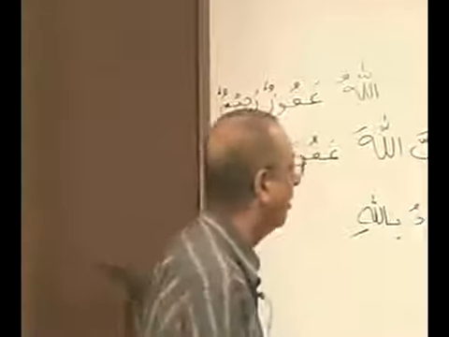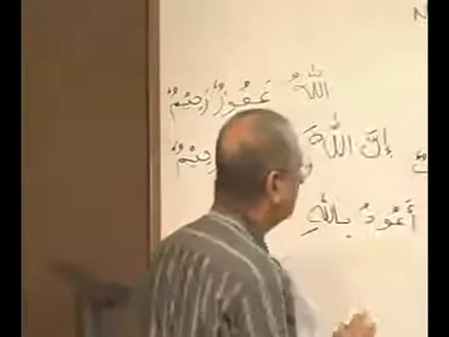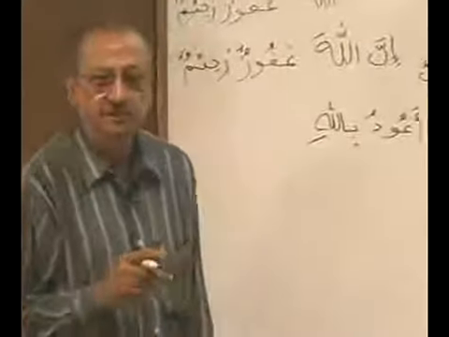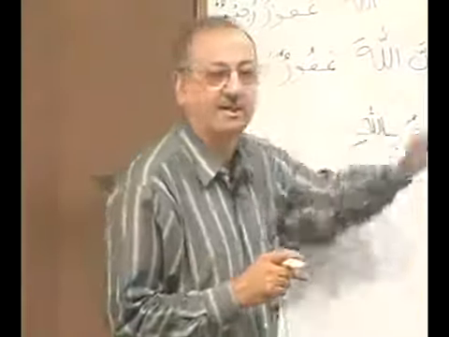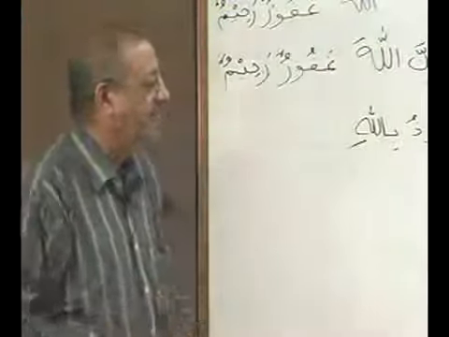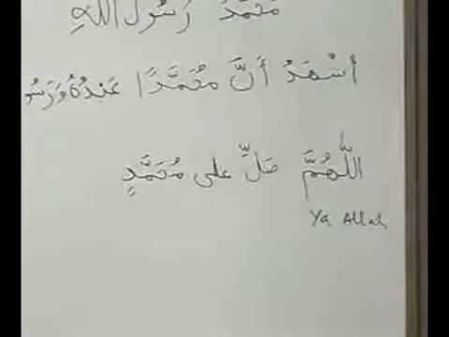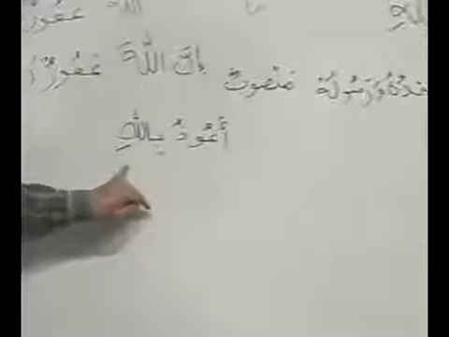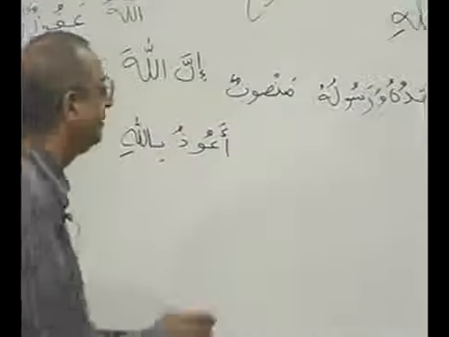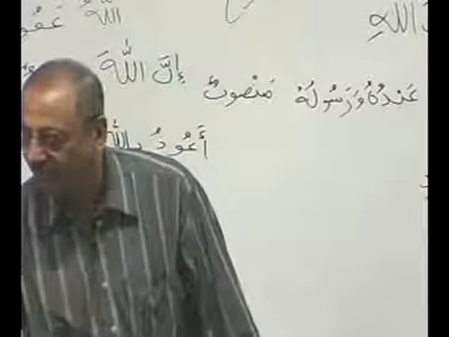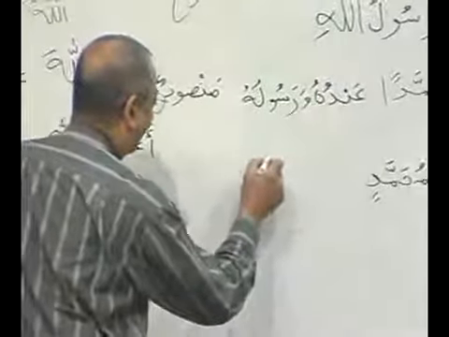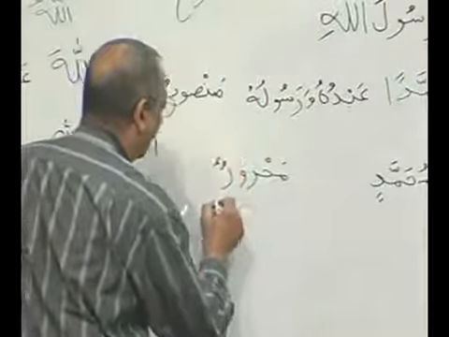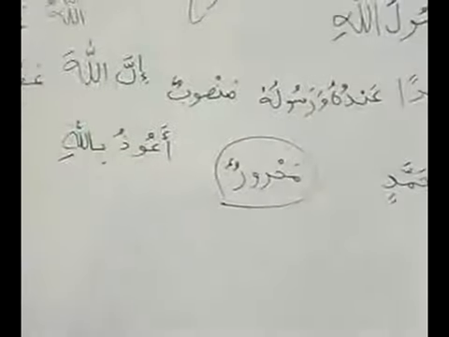Are you with me, brothers and sisters? But we will memorize these terms that I'm writing. Now if the noun ends with a kasra, be it a tanween or one, we will say the noun is majroor. Not majboor, majroor. Okay? Majroor, majroorun. Are you with me? And in English it is called genitive case.